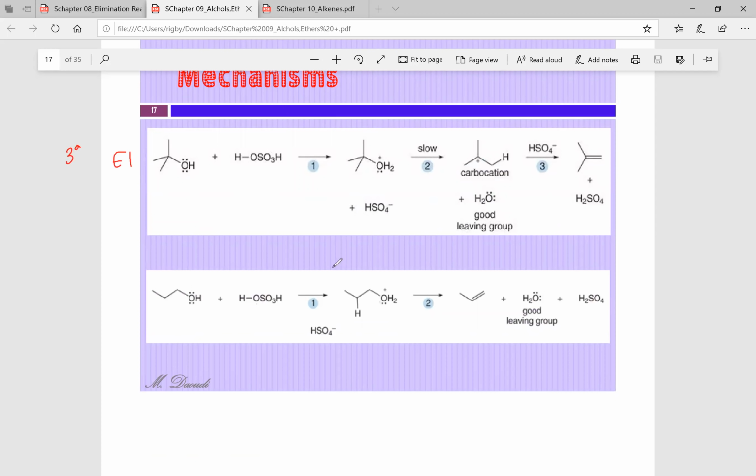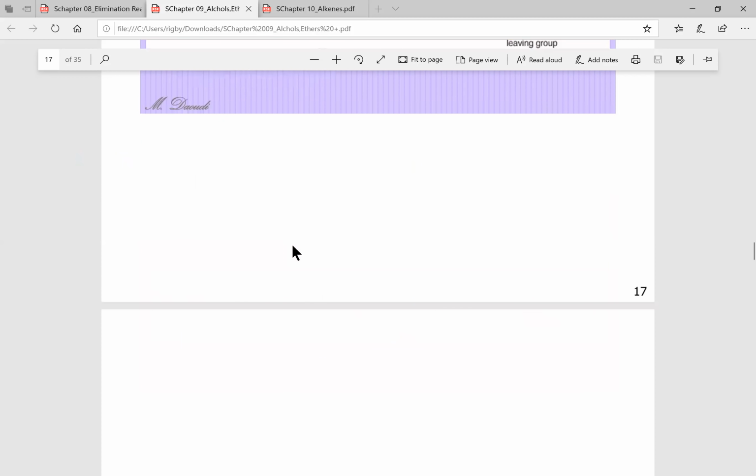When we have a primary, it's going to go through E2. And if we have a secondary, it's sort of assumed that we're going to be doing E1 over E2, for reasons that I am not advanced enough to know. Okay? All right. This could be seen in some of the worksheets that we did before. Okay, so let's continue on.